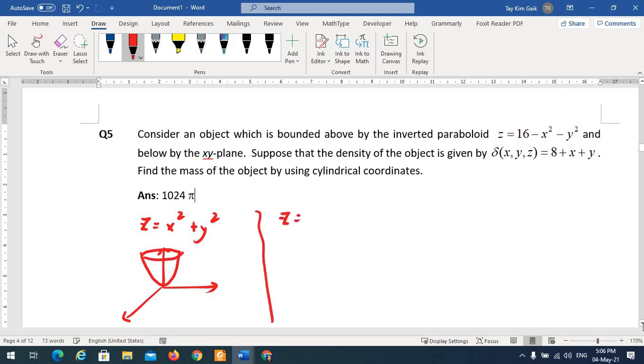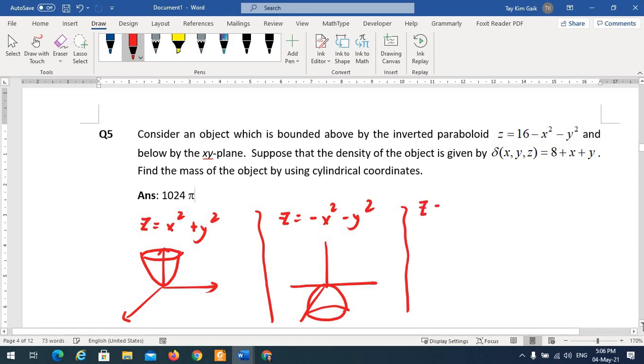If z equals negative x squared negative y squared, z becomes negative, so your paraboloid opens down with the maximum point at z equals 0. Now add 16 to z, so the maximum point shifts 16 units up vertically.